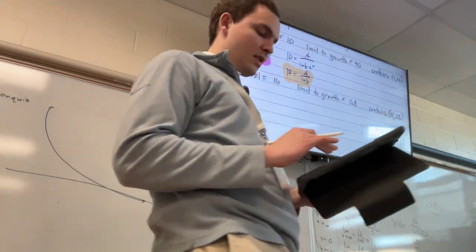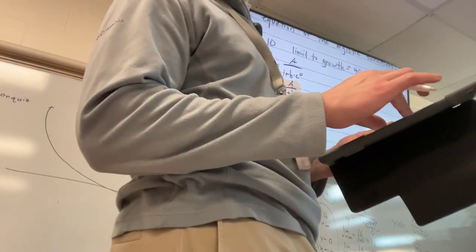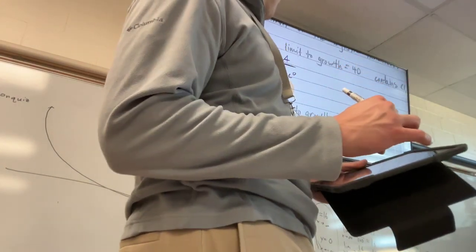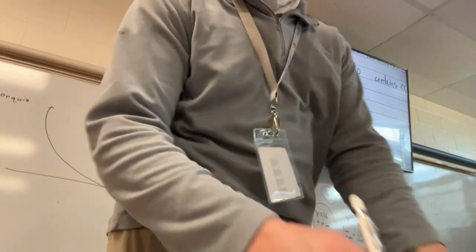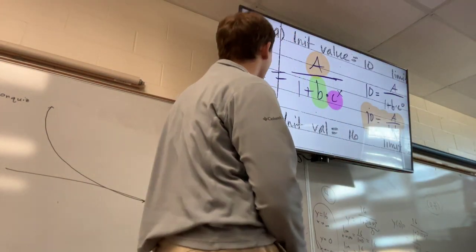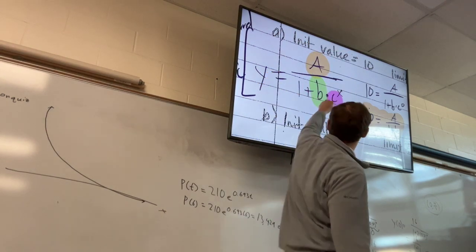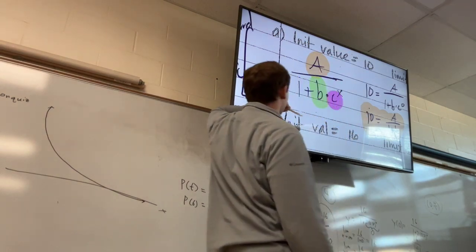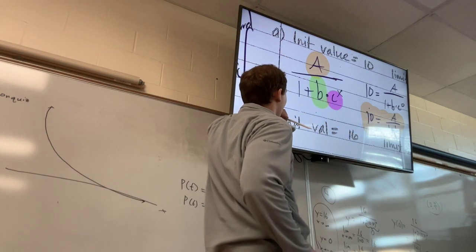Okay. Limit to growth equals 40. Anyone have any idea? Limit to growth equals 40, okay? So what that's saying is that this function never gets bigger than 40. Never gives us a y that's bigger than 40, okay?